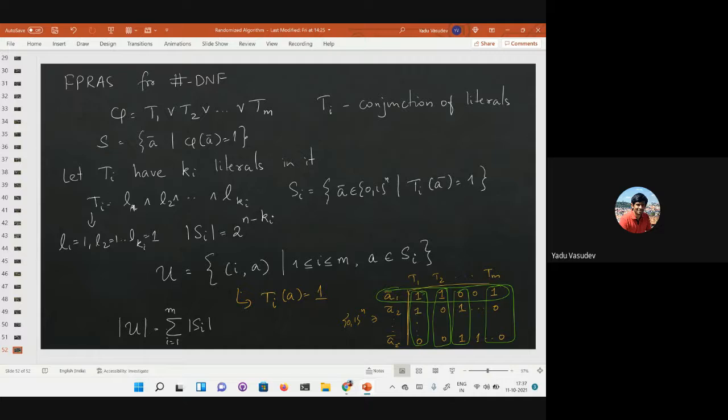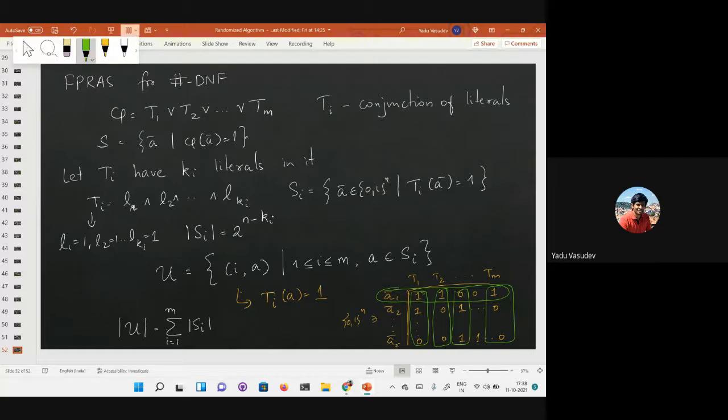So now what we are actually going to do is sample from this universe. The set of interest for us is the following.